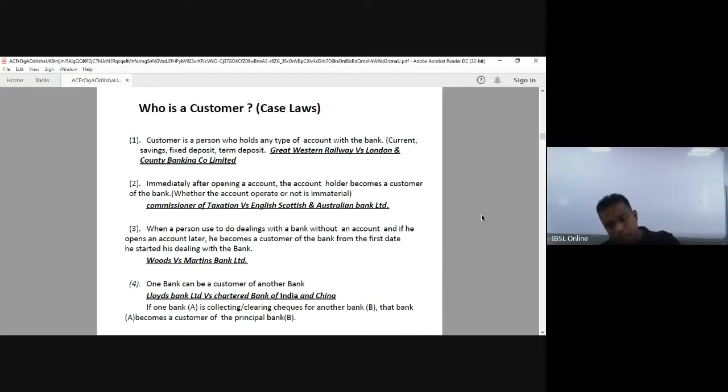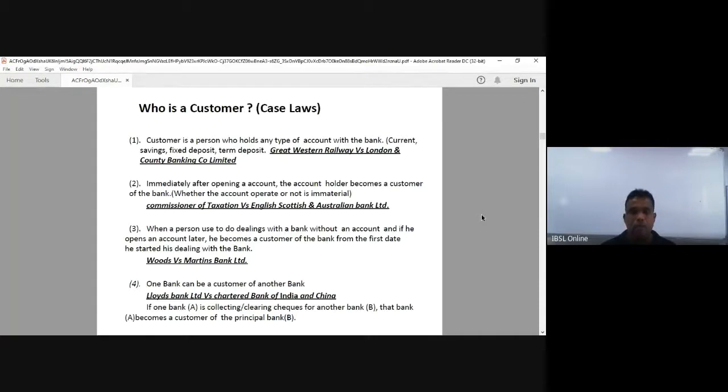Because as per this judgment, that person can open an account tomorrow. If he opens an account tomorrow, he becomes a customer and the banker-customer relationship starts from yesterday. And if you have divulged information today, you can be sued. So it's very clear, it's very dangerous, so don't divulge information. This is point number 3.